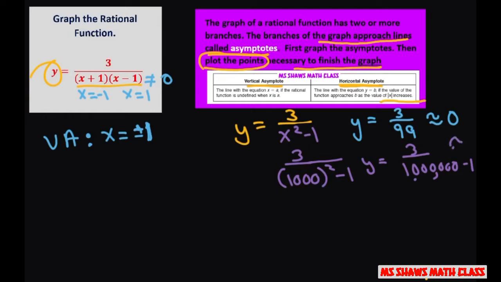That's very close to 0. So the bigger the number is, the closer y gets to 0. That means your horizontal asymptote is y equals 0. So that's the concept.